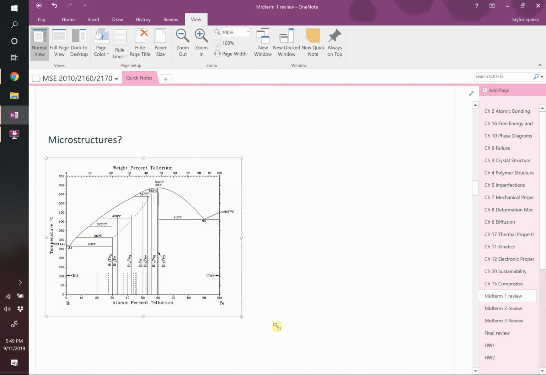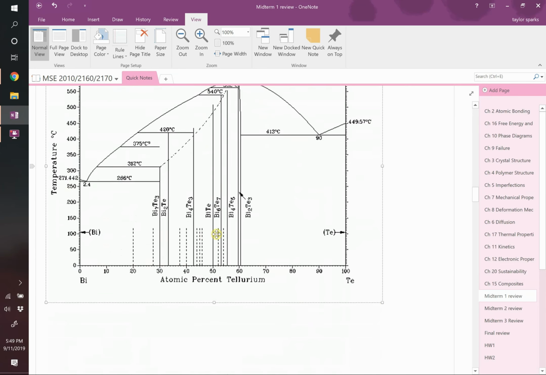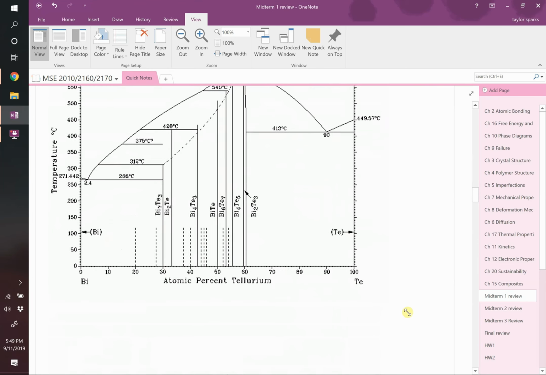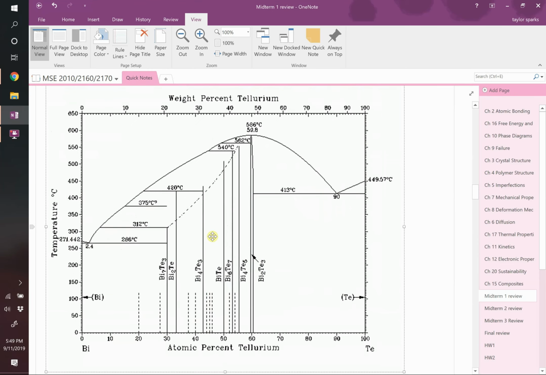On this one, if we cooled it down from a liquid, what could we expect to see? So let's pick a composition. A really easy one would be like this, 90 over here, the eutectic. You cool that one down, you get the eutectic structure, easy peasy. What if you cool down in between these two? Right in the smack middle of those two, what are you going to get?